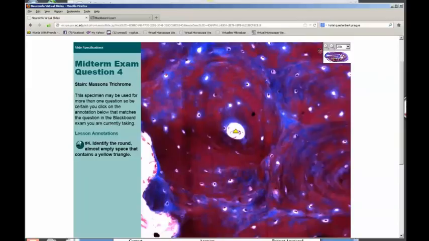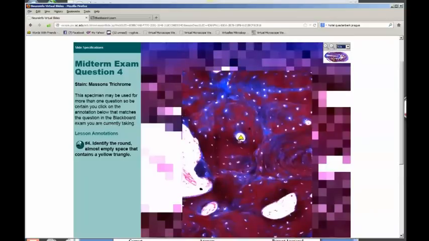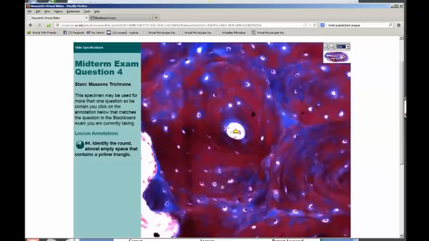So this is bone, and if you're a little bit confused, you could decrease the magnification and look around, and you see these patterns with an empty area, and you see multiple ones. So these are really Haversian systems, and the area here is called the Haversian canal, and it contains a blood vessel that runs through the bone, in this case compact bone. Okay, so we're going to go on to the next question now.